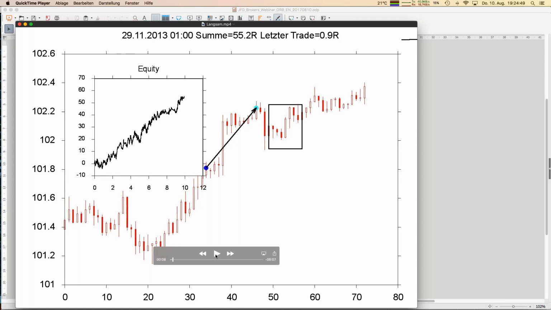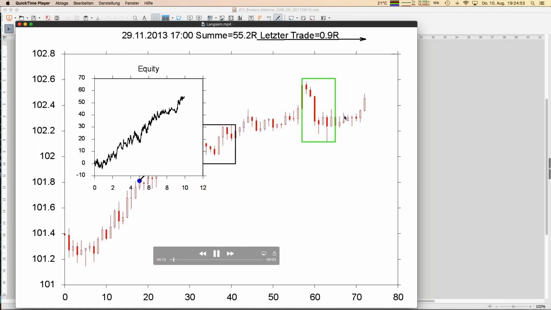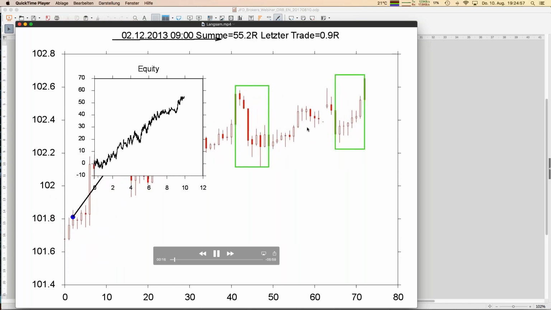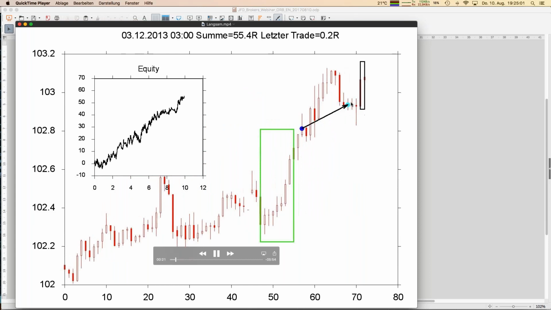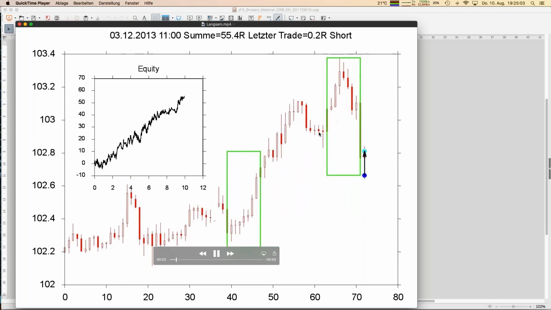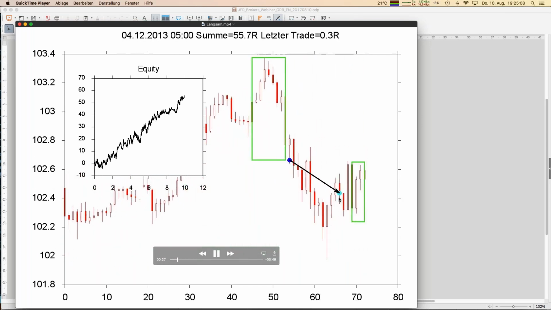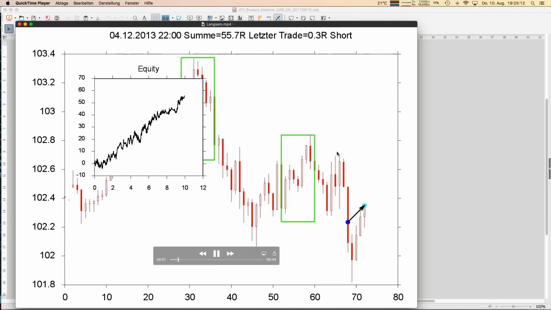But that is the definition. Let's go on here. So the range is big enough, therefore green. But now we have the situation that we don't break that range, therefore no trade has been triggered. Now we get a new trade here, a profitable trade. Next day, new range. You see the trade, okay, profitable in this case, and so on.